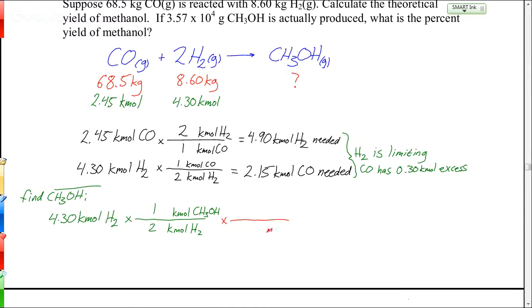We want to get rid of these kilomoles of methanol and instead have kilograms of methanol. So CH3OH, that's 12 plus 3 is 15, plus 16 is 31, plus 1 is 32. Is that right? Is that what you got? Okay.